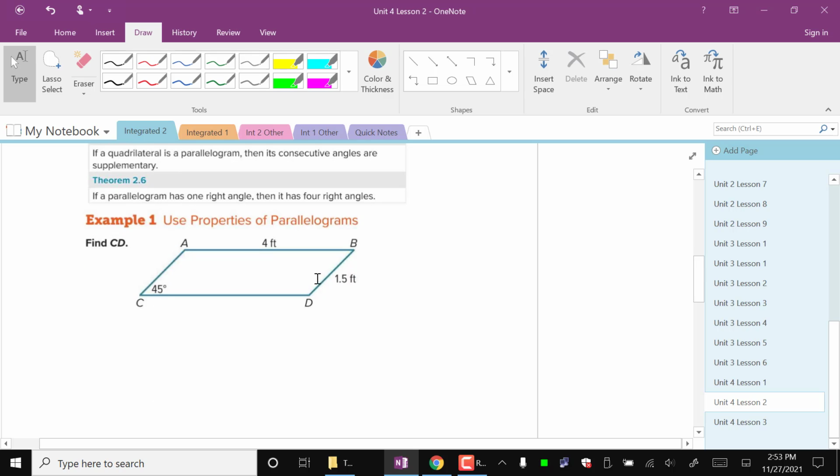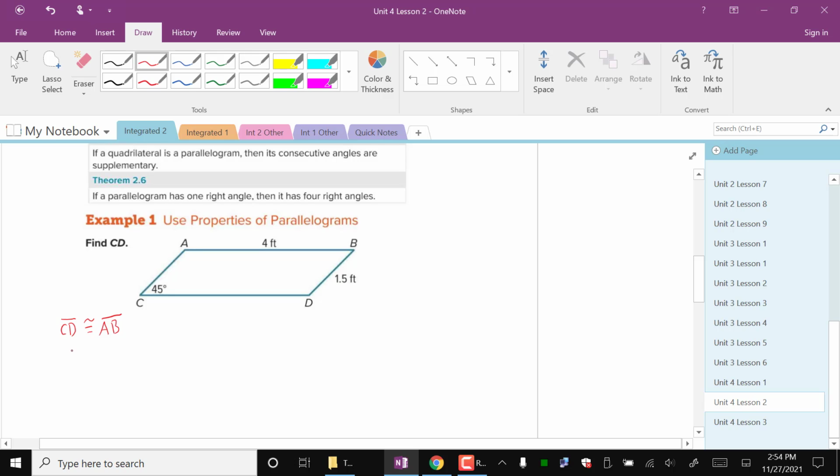Use properties of parallelograms to find CD. So we want to find this right here. Given what we know about parallelograms from those four theorems above, we know that the line segment CD is going to be congruent to the line segment AB because opposite sides of parallelograms are congruent.